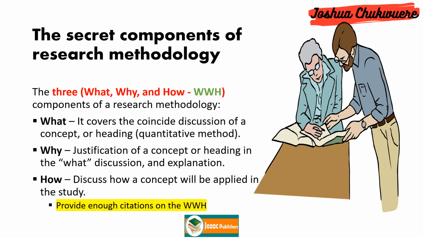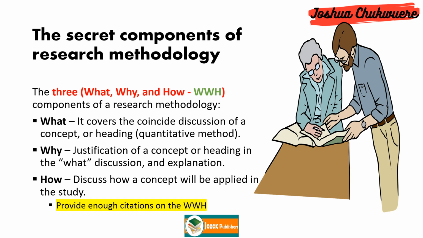So this is a short secret of research methodology, which many times many scholars, many students, many researchers end up only talking about the what. They spend all their time talking about the what, but there is no reason why the what. You have different kinds of research method. Why do you choose this? You justify that. Look at how I'm going to use it. Look at how it was used in the study. And that is very important.